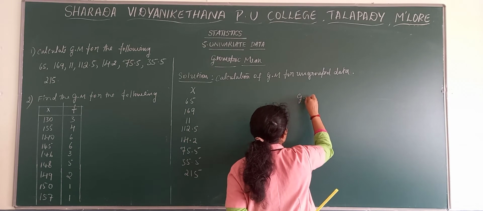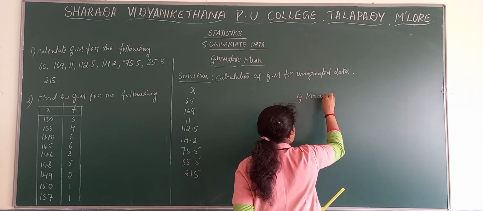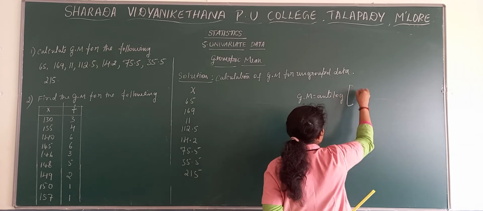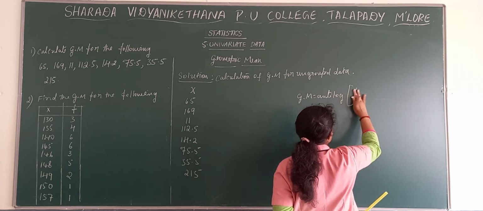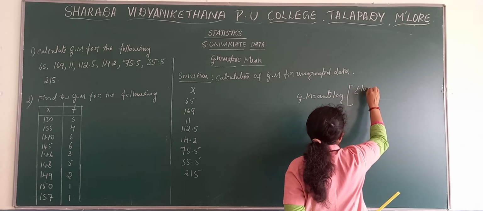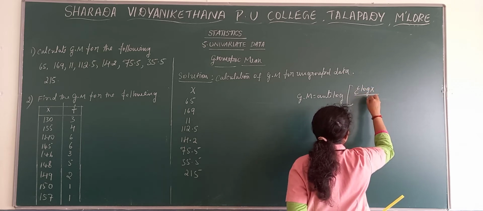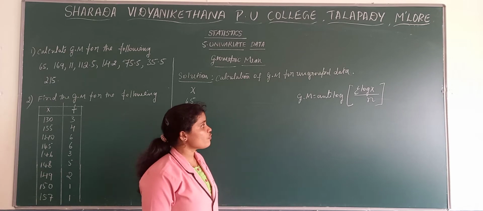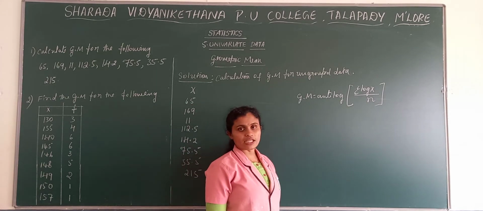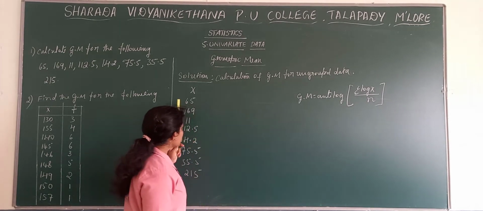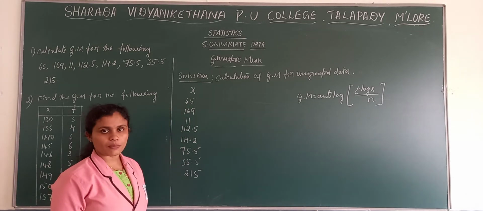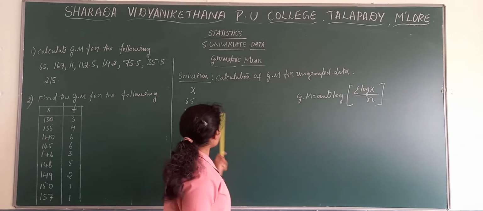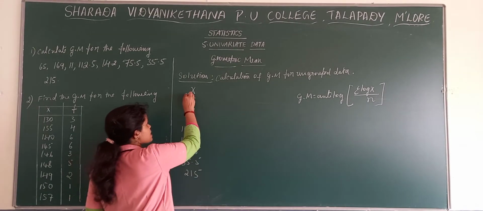Geometric mean is equal to antilog of sigma log x divided by n. If you see the formula, we know the value of n, that is nothing but the number of observations. 8 observations are there. Now, x we know, these are the x values, the given series.